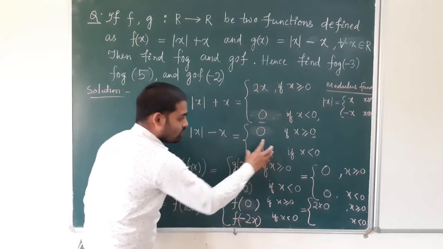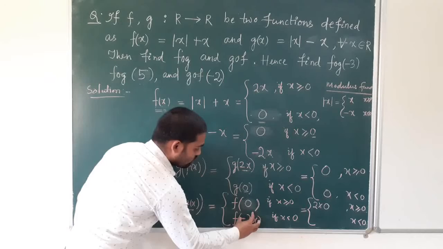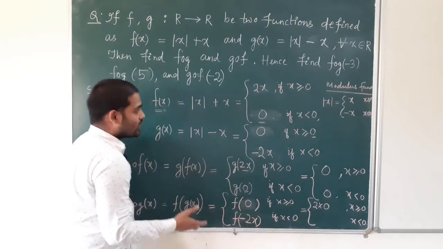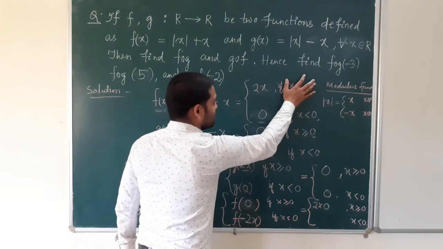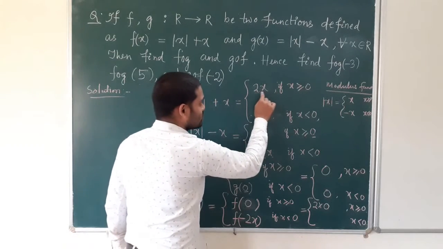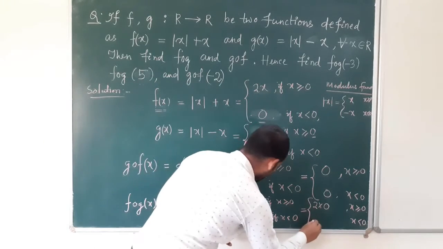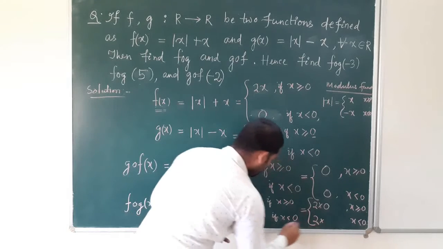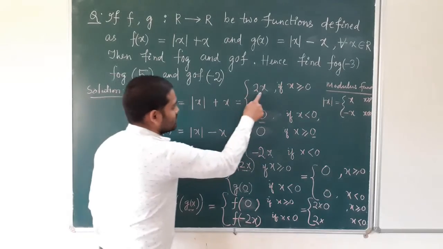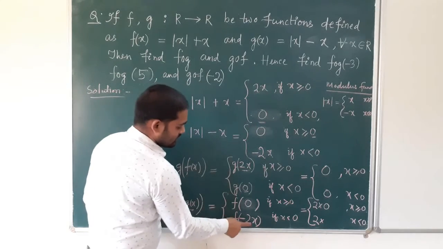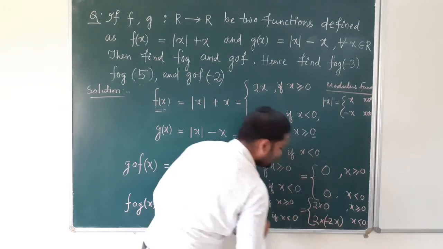As it is positive, we use f of x. So we use this function here also. You can write 2 into, in the place of x, this minus 2x.